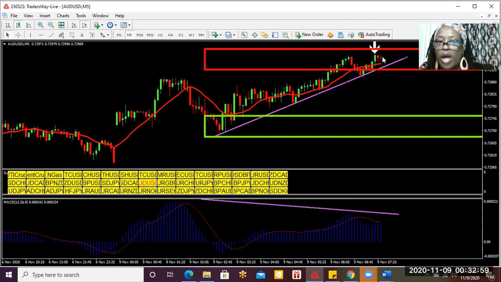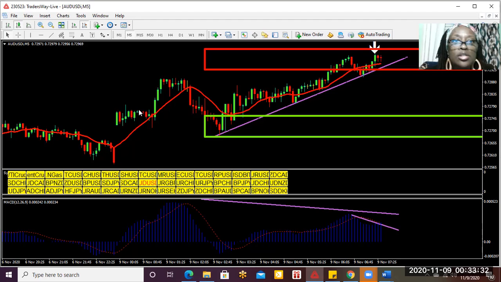Now you can see a little better divergence here on the 5-minute. You have your point right here, and it's going down. It's going opposite. We're going up here, we're going down here, and that's what we're looking for to confirm divergence and also confirm that price wants to now go in the opposite direction. Everything lines up, guys. It's beautiful. So that is Aussie USD.